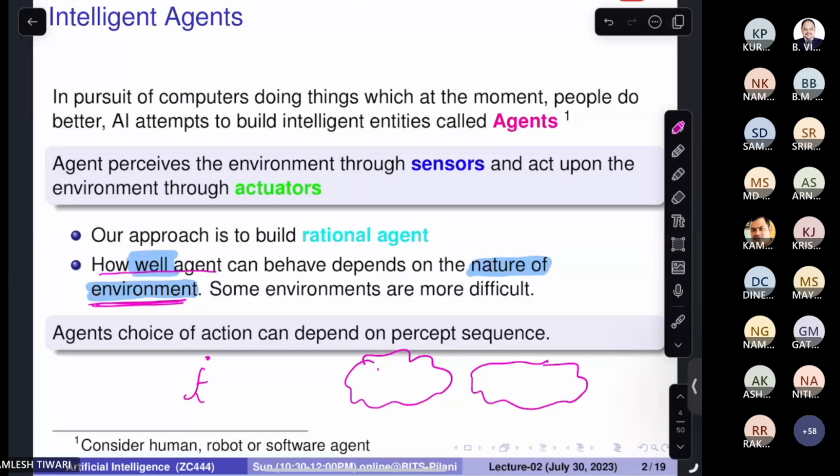I ask it to drive on hilly areas. All these things are different. In Rajasthan, the roads have nearly no traffic, while in Mumbai a lot of traffic is there. So the same thing may have different performance in different environments.